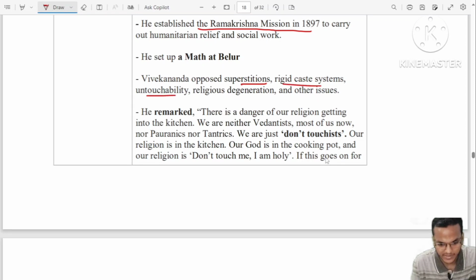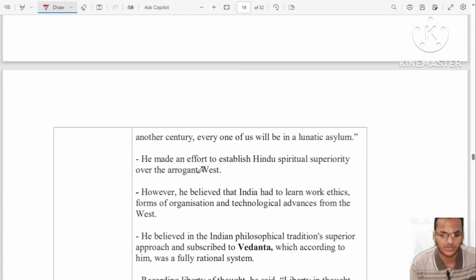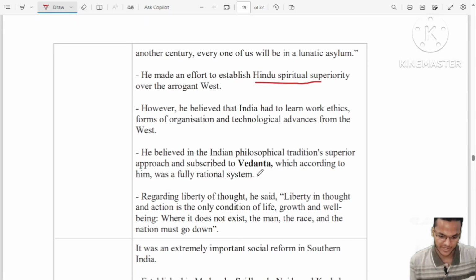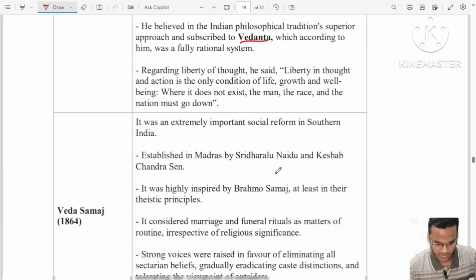Vivekananda opposed superstition, the rigid caste system, untouchability, religious degradation, and other issues. He made an effort to assert Hindu spiritual superiority against arrogant Western philosophy. He believed in Vedanta.